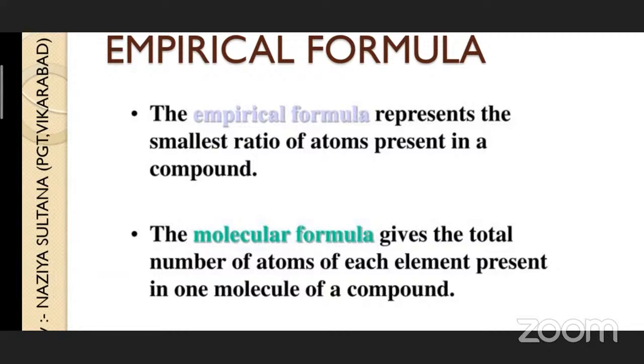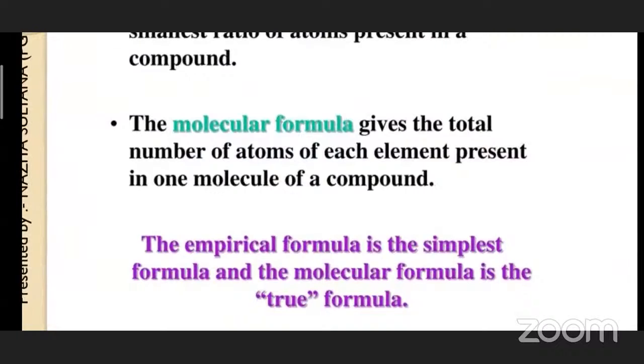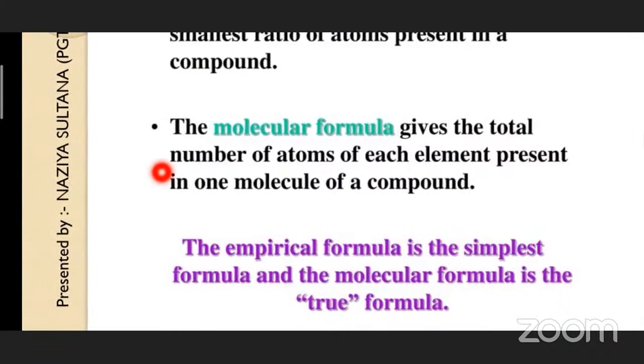Now let us see. What is molecular formula? The molecular formula gives the total number of atoms of each element present in one molecule of a compound.